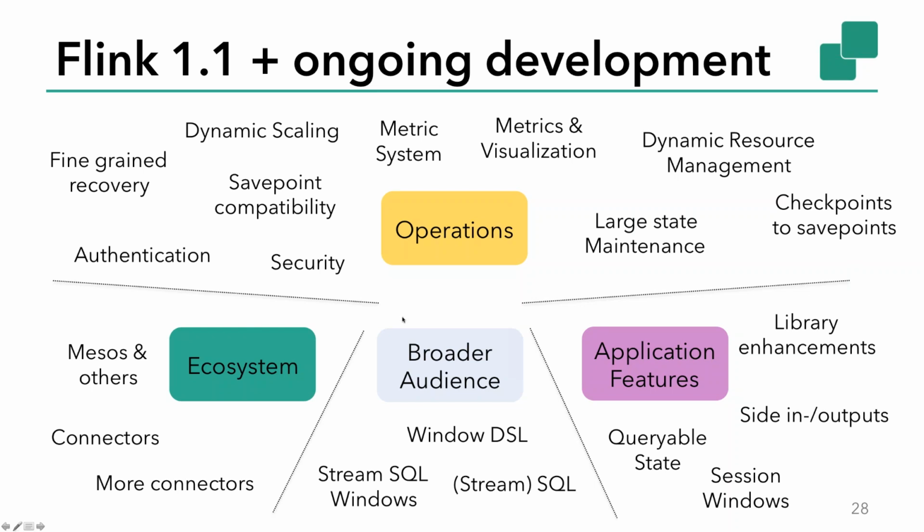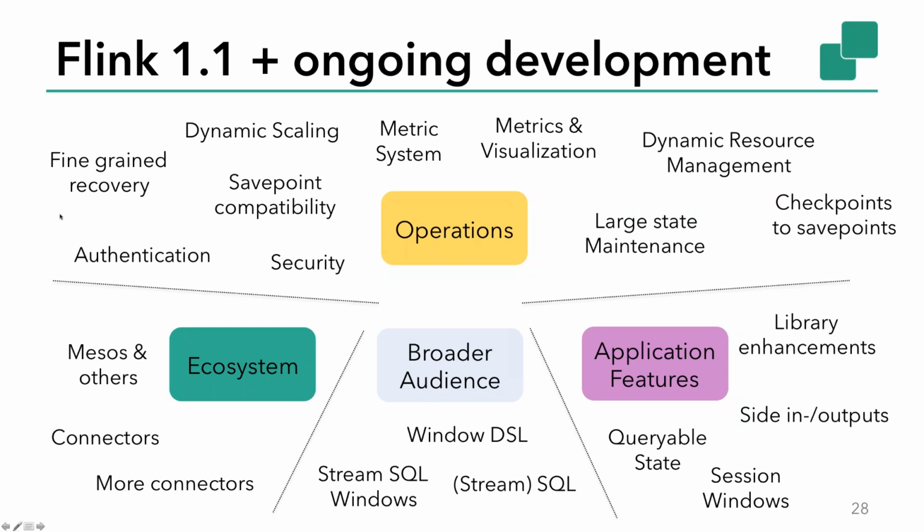There is work to make Flink accessible to a broader audience of data scientists and data analysts that don't speak Java or Scala. This is in particular the work on Stream SQL, defining Stream SQL semantics, and implementing that in Flink. There is work in the application domain, features that enable you to write applications more easily, like variable states, side inputs and outputs, and session windows.